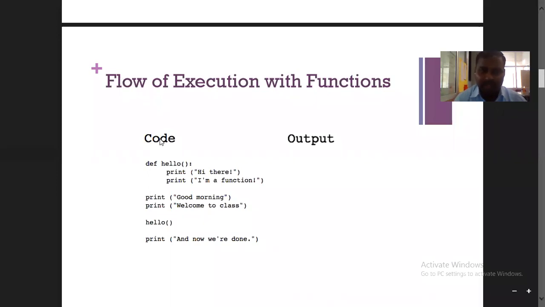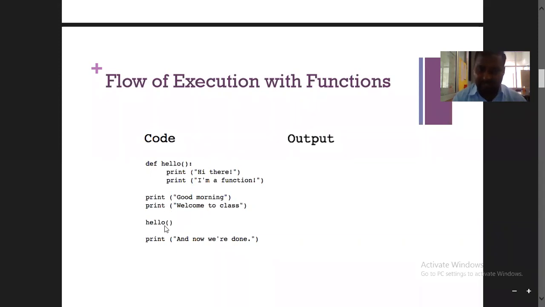On the left-hand side is the code, on the right-hand side of the screen is the output. In the coding part, def hello is the function name, and in this function we have two print statements: print hi there, I am a function. The fourth statement of the code is print of good morning, and the fifth statement of the function is print of welcome to class.